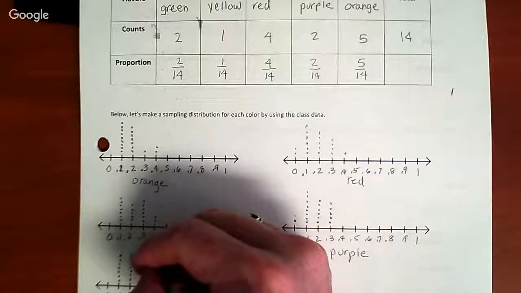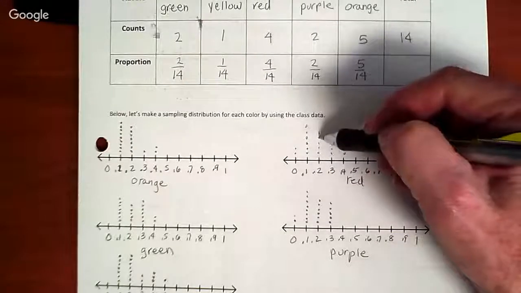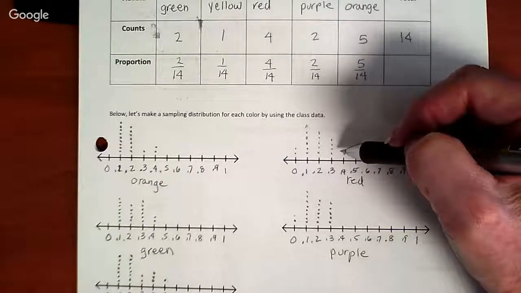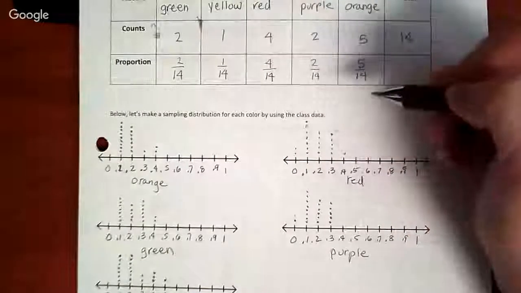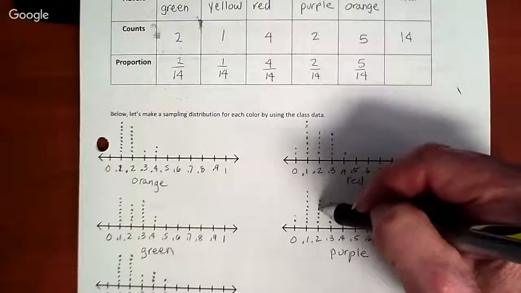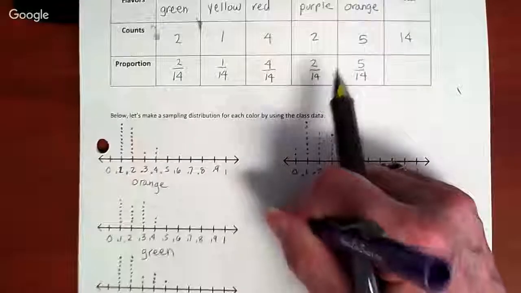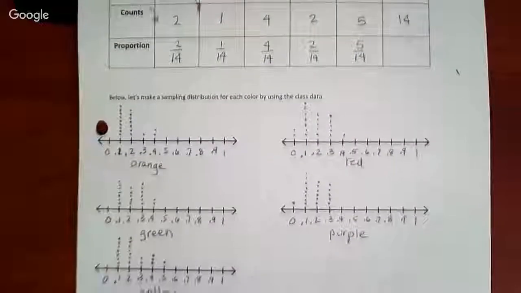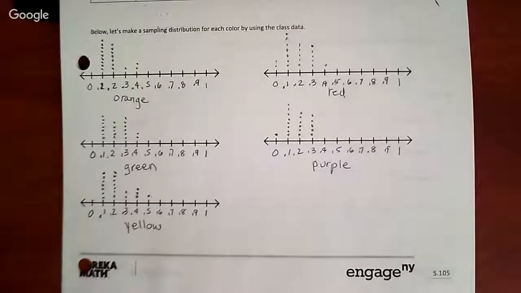Doggone it. Okay, missed that one. And that one should be even there. Okay. 1, 2. Oh, that one should only be 1. Okay, there we go. Okay, so those should be your graphs, ladies and gentlemen. I'm gonna let you look at that just for a quick second.